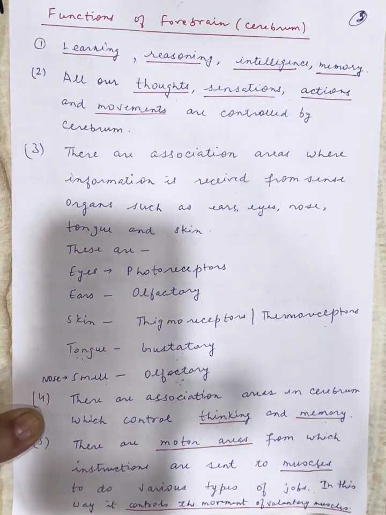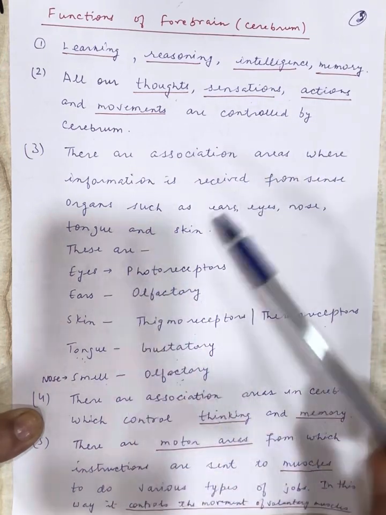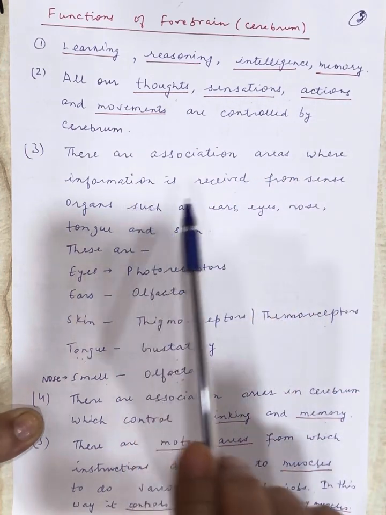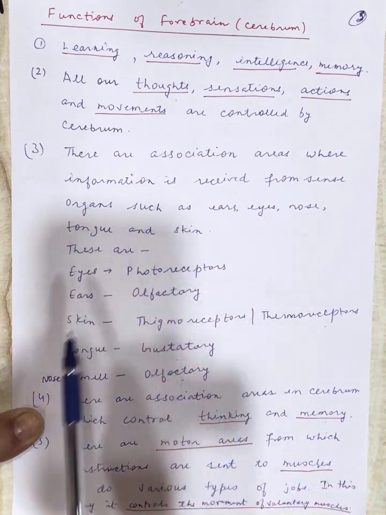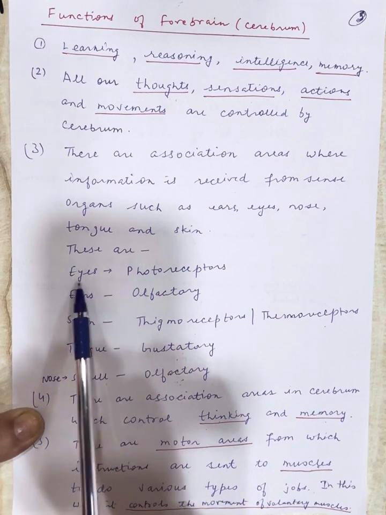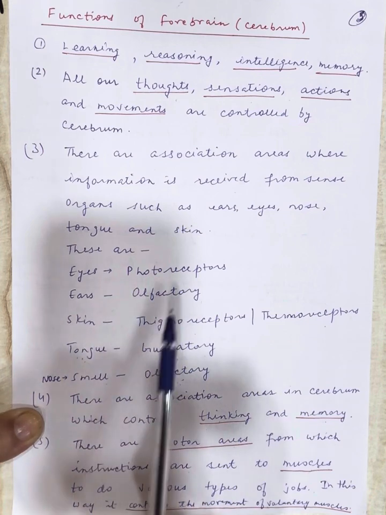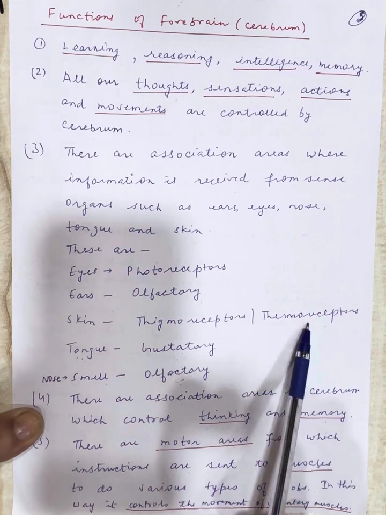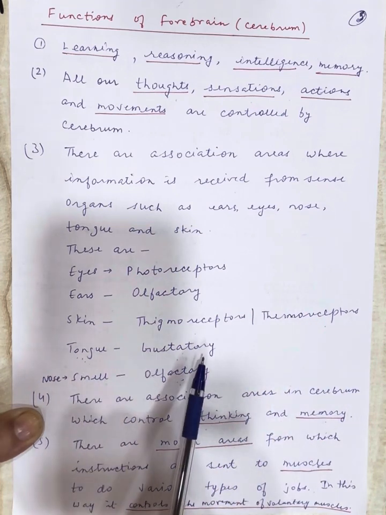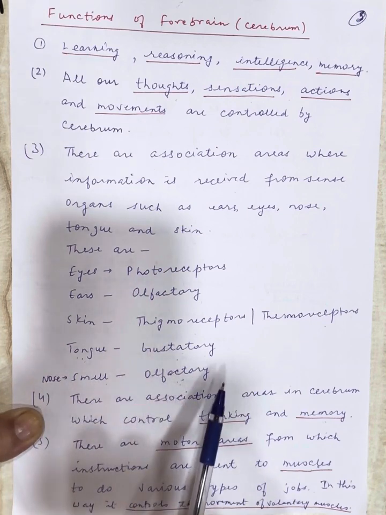They are sending messages from all our sense organs to the brain, and there are association areas where information is received from sense organs like ear, eyes, nose, tongue and skin. So for eyes it is photoreceptors, for ear it is auditory receptors, for skin it is thigmoreceptors and thermoreceptors, and for tongue it is gustatory receptors for taste, and in the nose there are olfactory receptors.